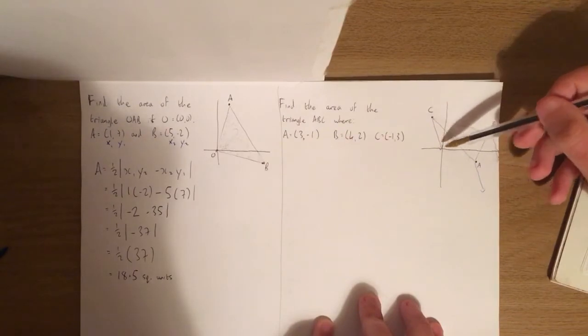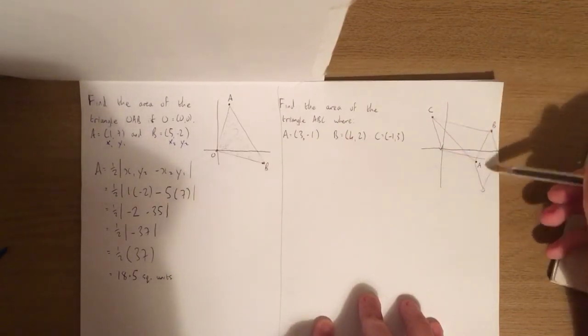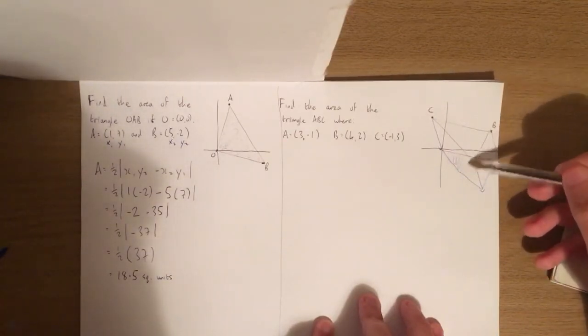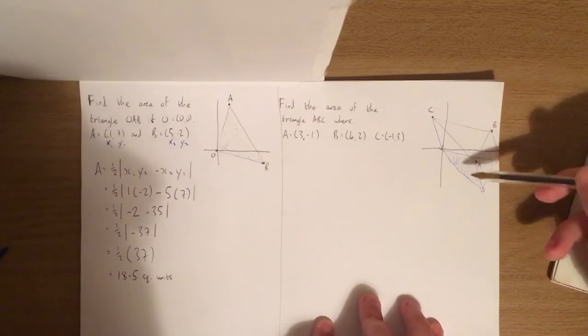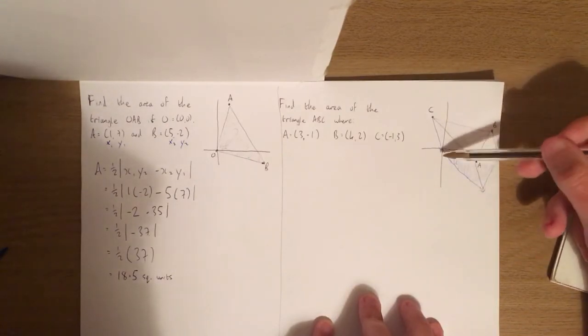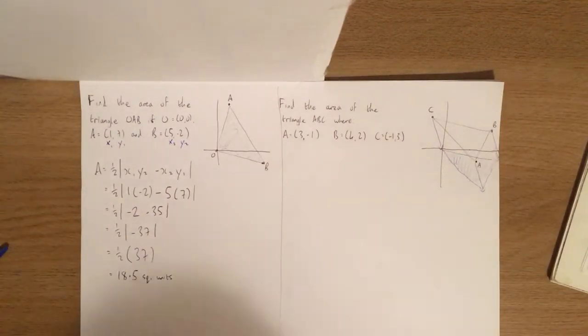So if I move C to there, A to there, B to there, it might look a little bit different because my diagram is quite rough, but the idea is this triangle here is the same size as this one, but one of its corners is (0, 0), so you're able to use the formula. Now that's the idea in theory.